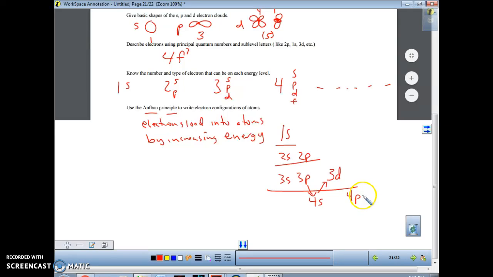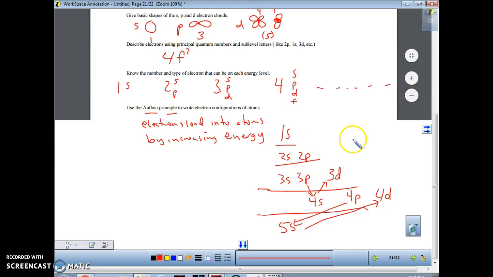What's after 4p? Nope. 5s happens then. So we zip over to there. Then we come back to 4d. And then it goes on from there. But what was I trying to say by that? Remember, they don't necessarily go in order. There were a couple people on the homework that just loaded them by level, so you missed them all past element 18.